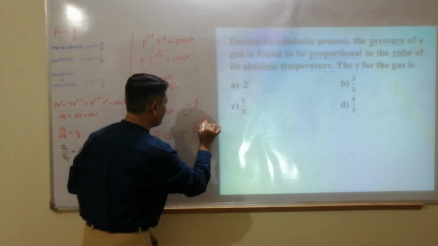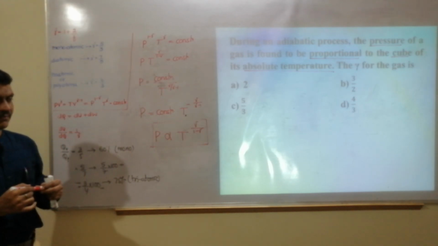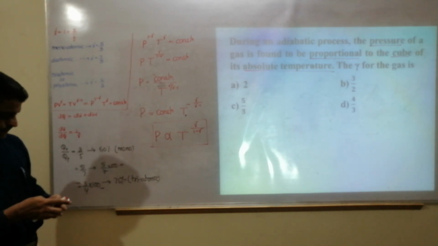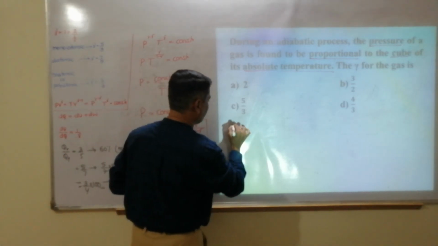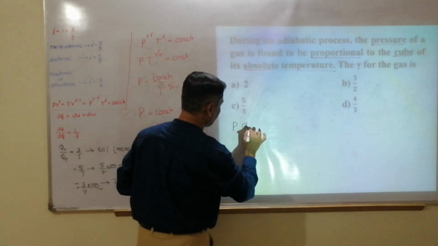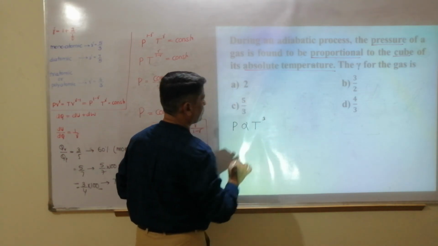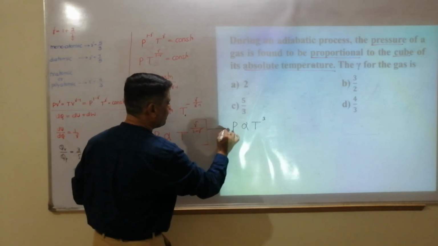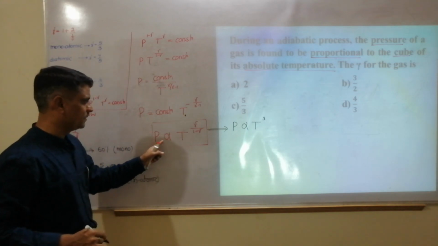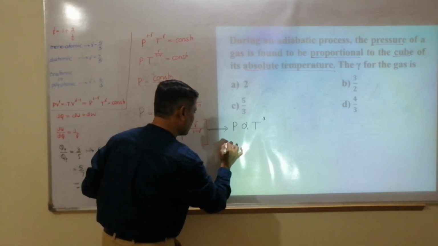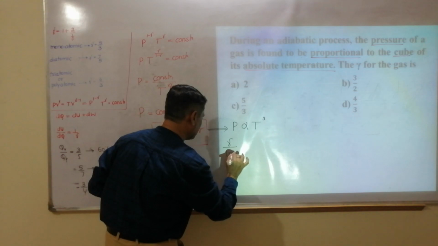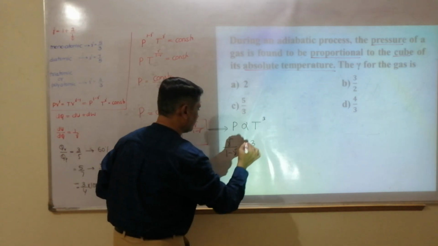This is the relation. You have to remember this directly. Then see the solution. It is given that pressure is directly proportional to cube of the temperature. If I compare these two, then I can say gamma by 1 minus gamma is equal to 3.